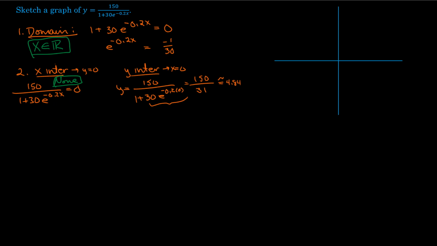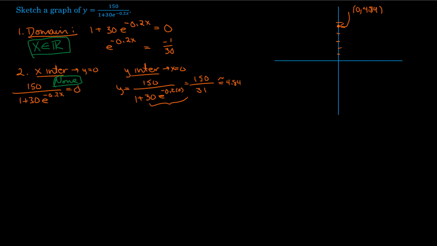So I'm going to, on the graph to the far right, come up 1, 2, 3, 4, 5, and right about there, I'm going to label this as an x value of 0 and a y value of 150 over 31, or a decimal approximation of 4.84.